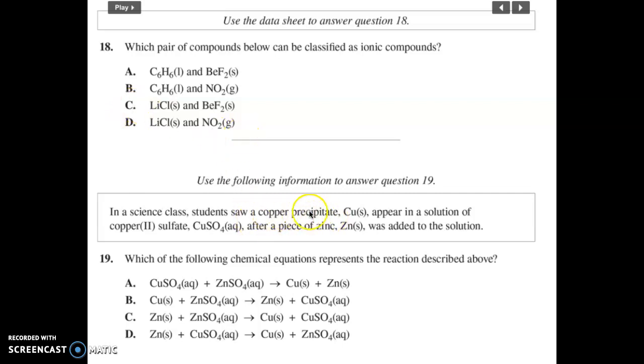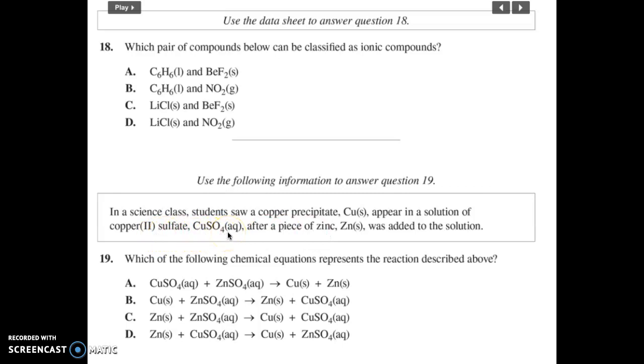Down here we see a copper precipitate formed. So like the chunkies when you pour vinegar and milk together. So it appears in a solution of copper sulfate, copper 2 sulfate, after a piece of zinc was added to the solution. So they're being nice here and saying what zinc is and what copper sulfate is.